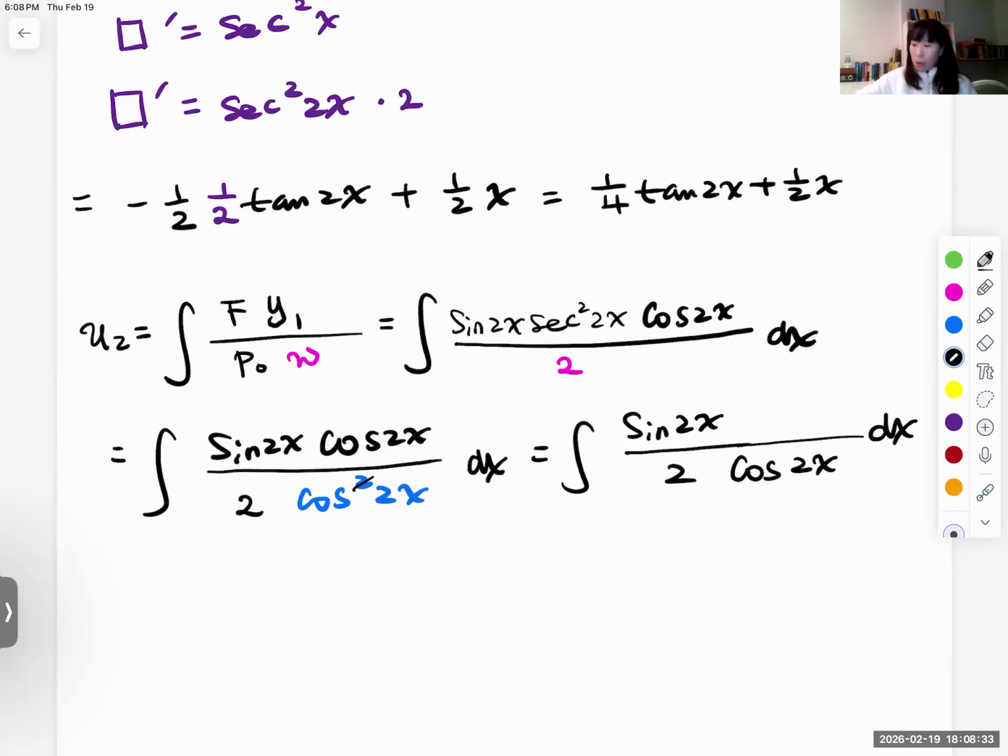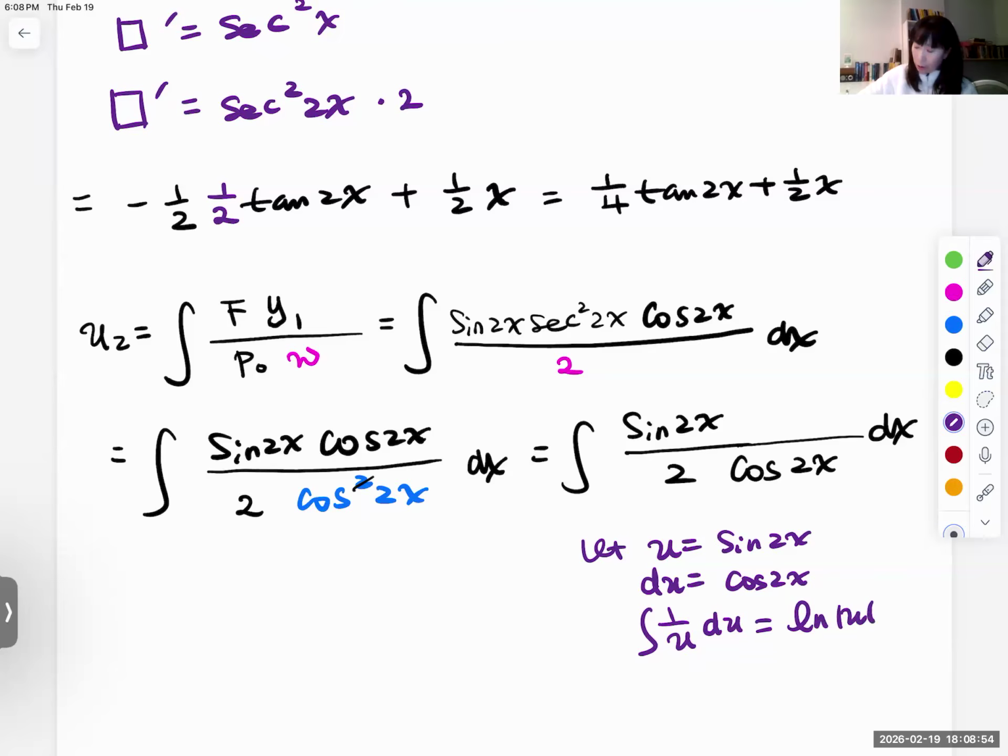All right, so look, let u equal to sine 2x, derivative cosine 2x, right? So we have 1 over u du, then what do you get?